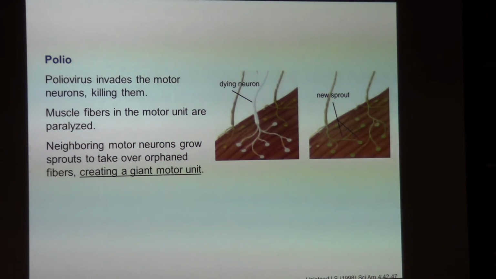Now it has grown to have 5,000 muscle fibers, because it has taken over the neighboring regions. So what then happens is that the ability of the nervous system to control force becomes really bad, because every single motor neuron is sending its axons out to a much larger number of muscle fibers than before.